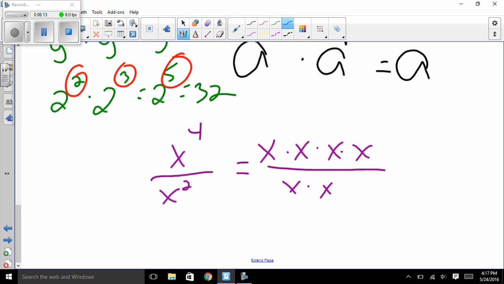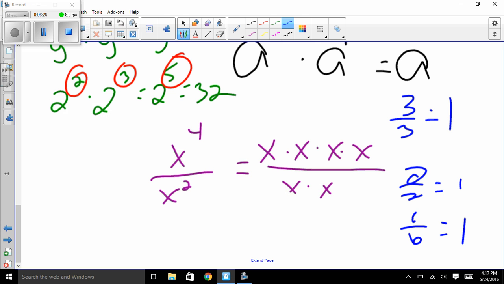Recall for a second with me that if I have the number 3 over 3, don't my 3's just cancel out and give me 1? Or maybe 2 over 2 gives me 1? Or 6 over 6 gives me 1? Anything that matches the top and the bottom ends up just canceling out.